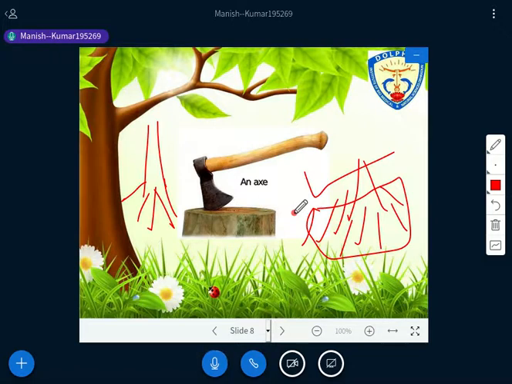I hope you have understood the use of all those basic instruments. Is there any question? Why we need all these instruments to work in the field? Every instrument has its own function. So up to this point, if you have to ask something, if any slide you are unable to understand, you can ask.